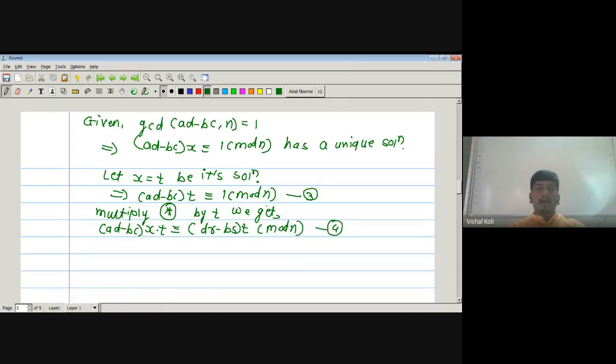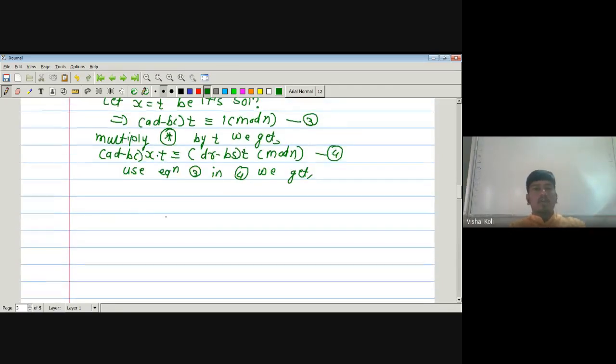Now we use equation 3 in equation 4. Since (ad minus bc) into t is congruent to 1 modulo n, we get x congruent to (dr minus bs) t modulo n. Take this one as equation 5.